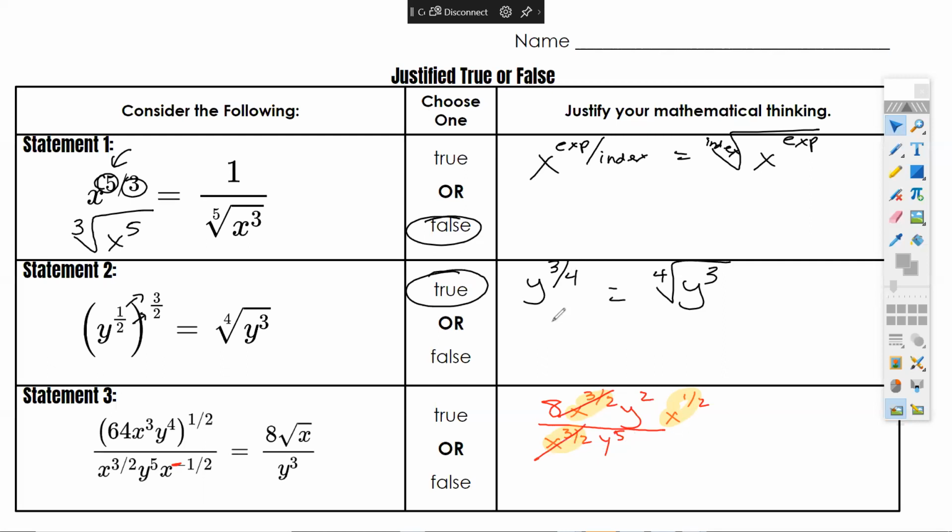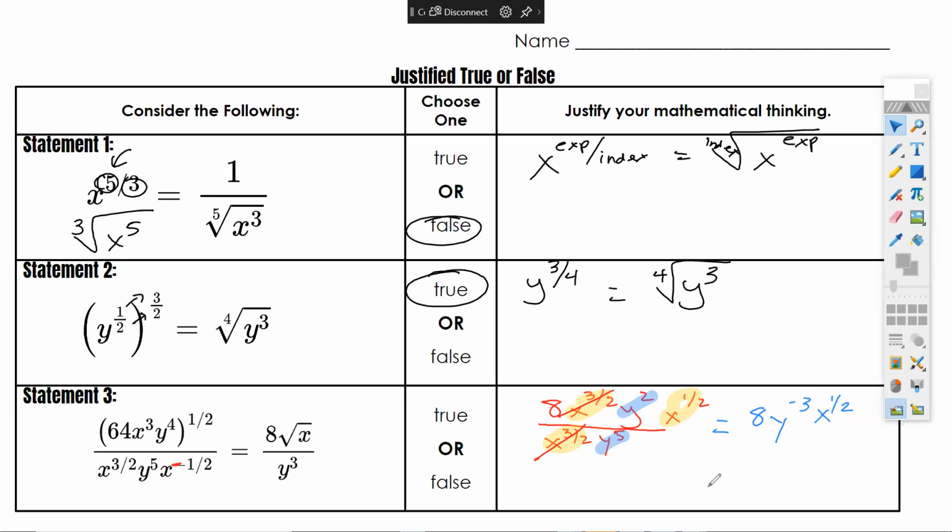Okay, cool. And then we've got y to the 2nd, y to the 5th, right? So can we subtract those? Yes. Y to the 2nd minus y to the 5th would give me y to the negative 3rd. And then we just keep that x to the 1/2, right?